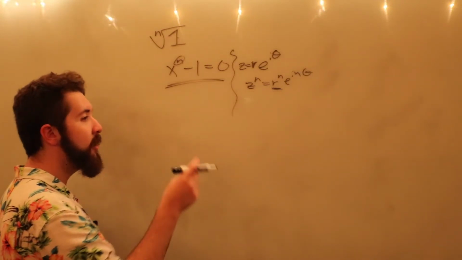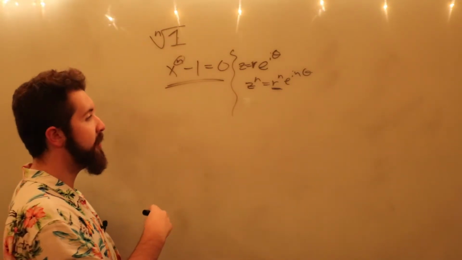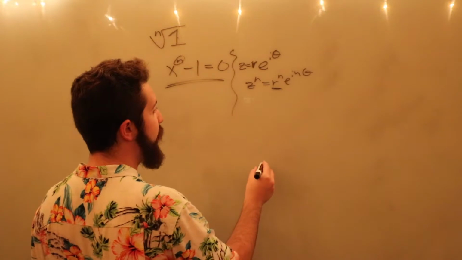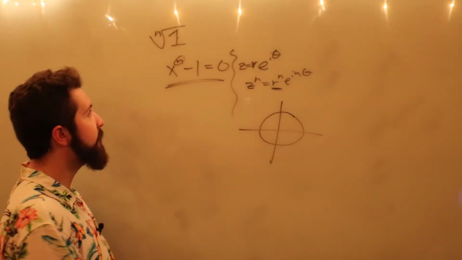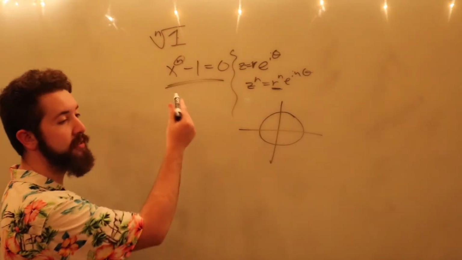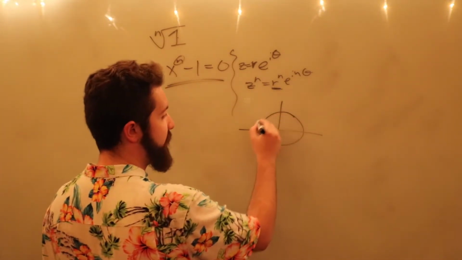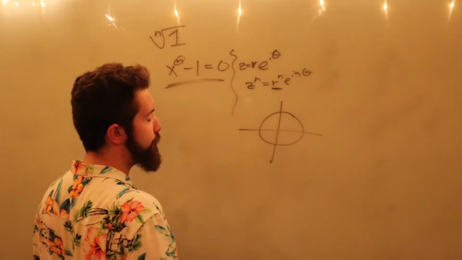If r is less than 1, then it won't be 1 when you take it to the nth power. So the point is, you want it to stay on that unit circle. All n nth roots of the number 1 have to be somewhere on this unit circle.